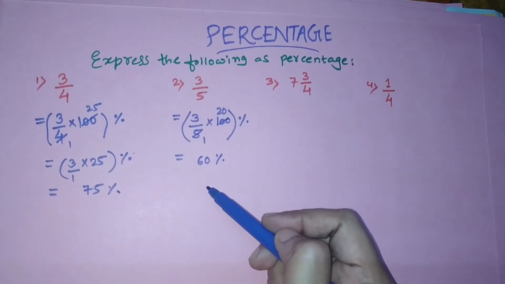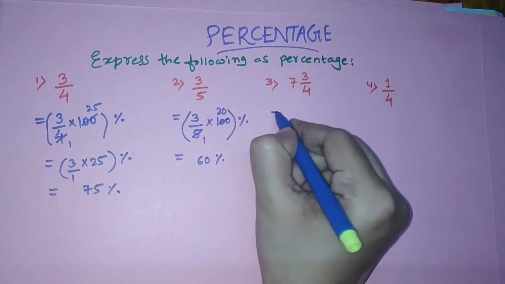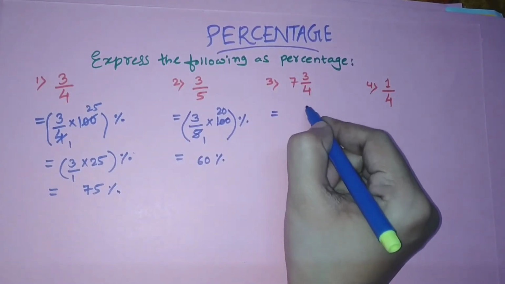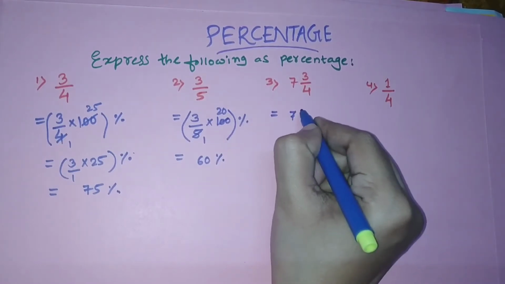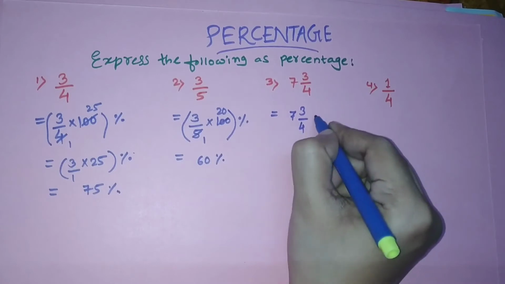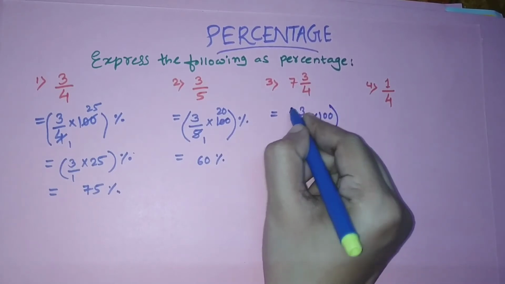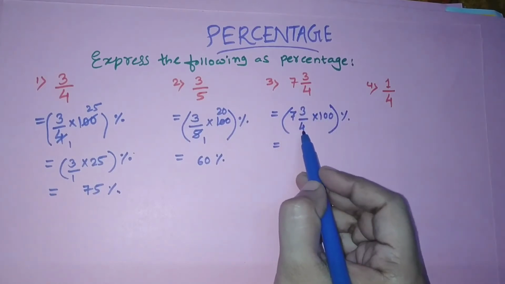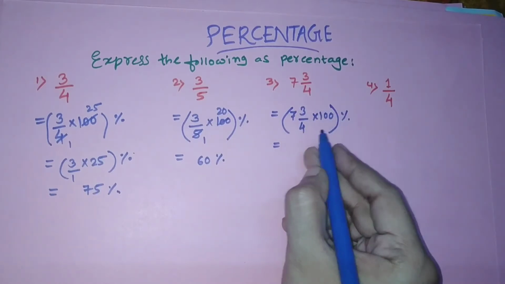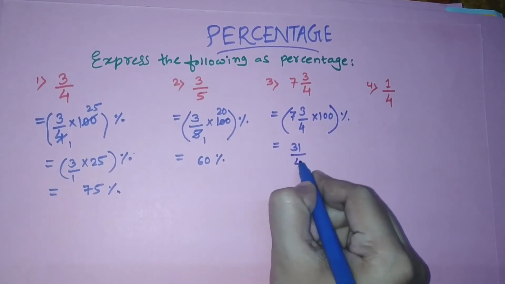Next we have 7 integer 3 by 4. First you need to convert it into an improper fraction. We multiply it by 100%. For 7 and 3 by 4, you multiply 7 times 4, which is 28, plus 3, and you get 31 upon 4.